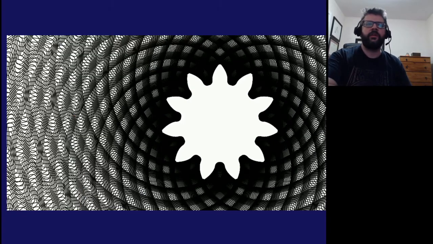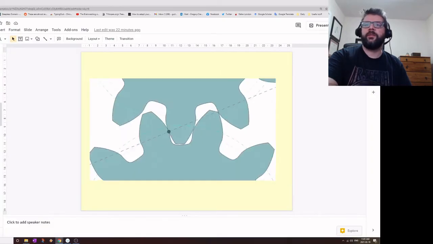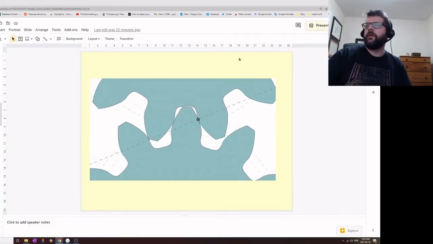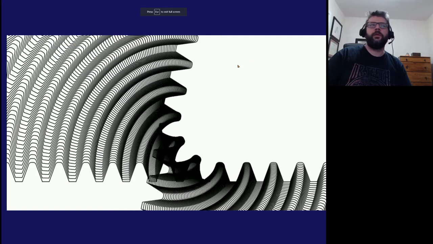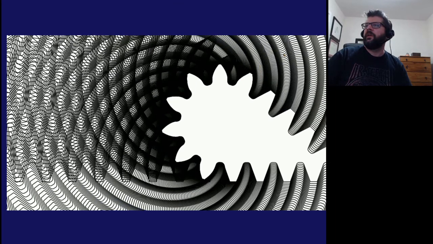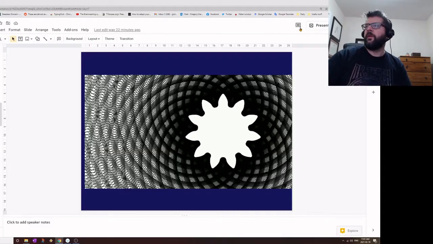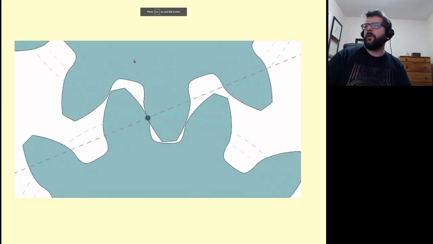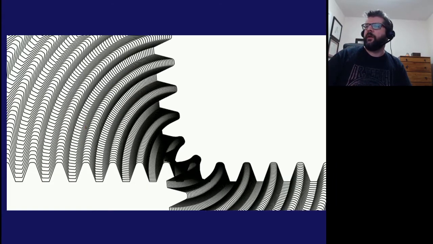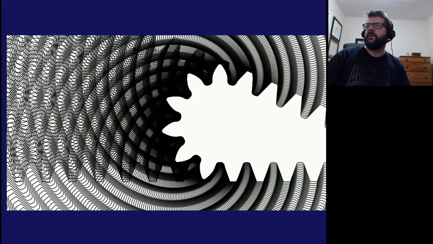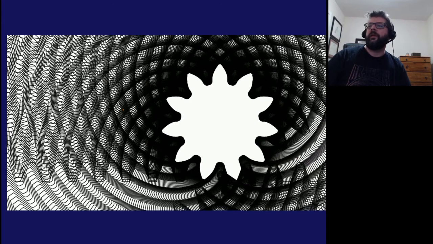I'm just going to exit out of this and replay that. There we go. You can see how we started out with a straight rack and just rotated it around to cut out a gear tooth.